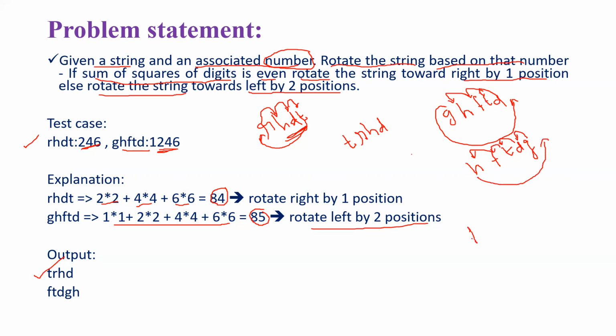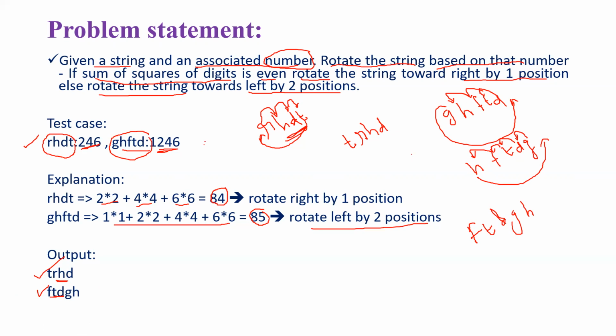Finally you will get the output as F, T, D, G, H. See, F, T, D, G, H. This is the string we got by rotating this string towards right by one position. This is the output we got by rotating this string towards left by two positions.